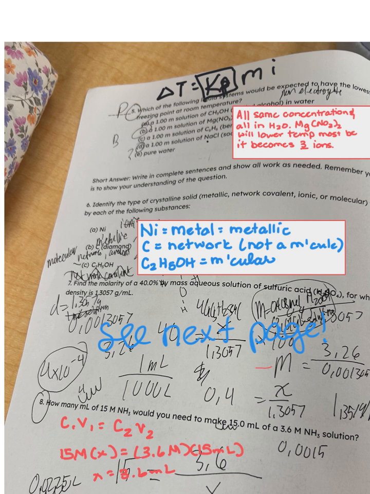So it would have an i of 2, but that magnesium nitrate is going to split into a magnesium ion and 2 nitrate ions per unit of magnesium nitrate. So it has an i of 3. So it's going to have a bigger impact on the freezing point. So it's your answer.